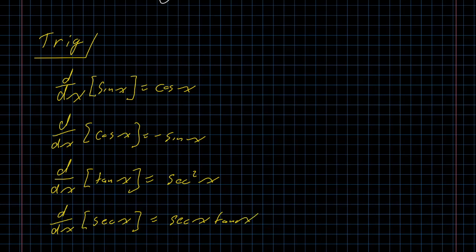The first two translate very nicely. If the derivative of sine is cosine, that means that the integral of cosine is sine. And if the derivative of cosine is negative sine, that means that the integral of sine is the negative of cosine.